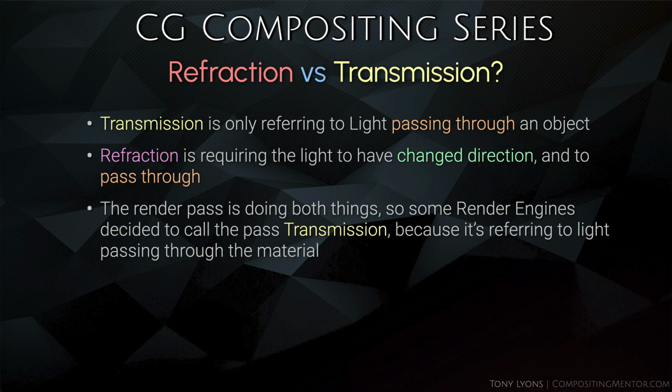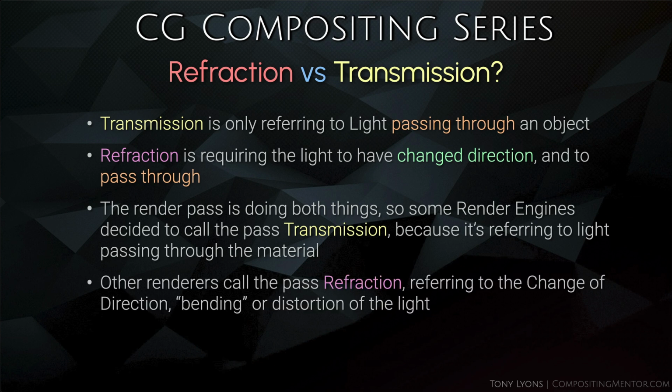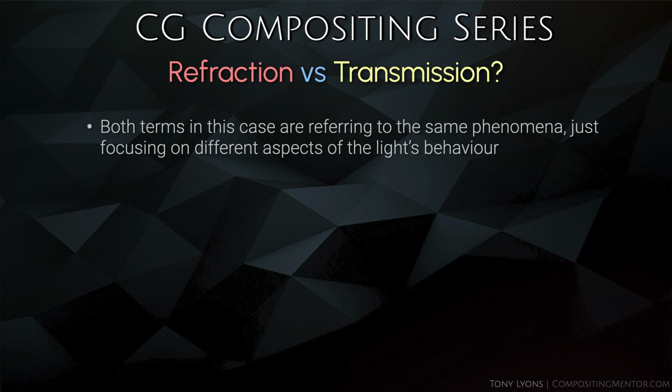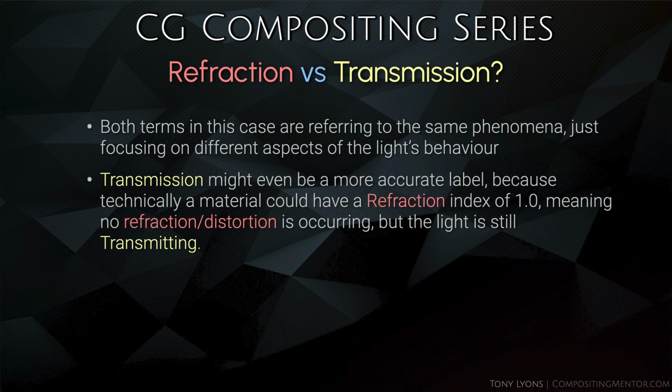So oftentimes the render pass is showing both of those things happening at once. So some render engines decided to call the pass transmission because it's referring to light passing through their material. Other renderers call the pass refraction, referring to the change of direction, bending, or distortion of the light. Both terms in this case are referring to the same phenomena, just focusing on different aspects of the light's behavior.